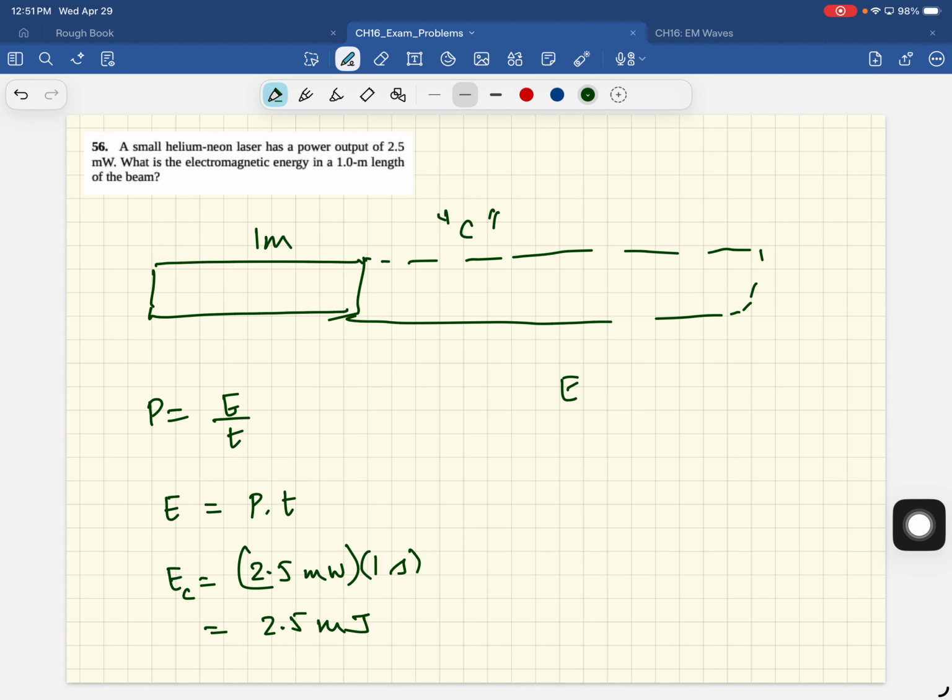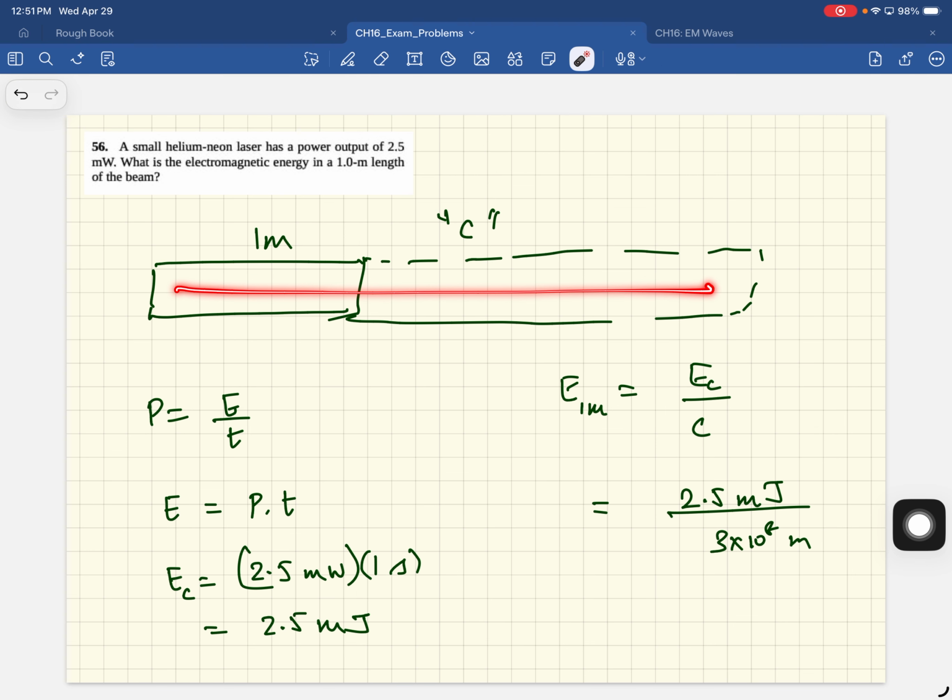So the energy content of 1 meter is 2.5 millijoules divided by 3 times 10 to the 8 meters. That's the length of this beam.